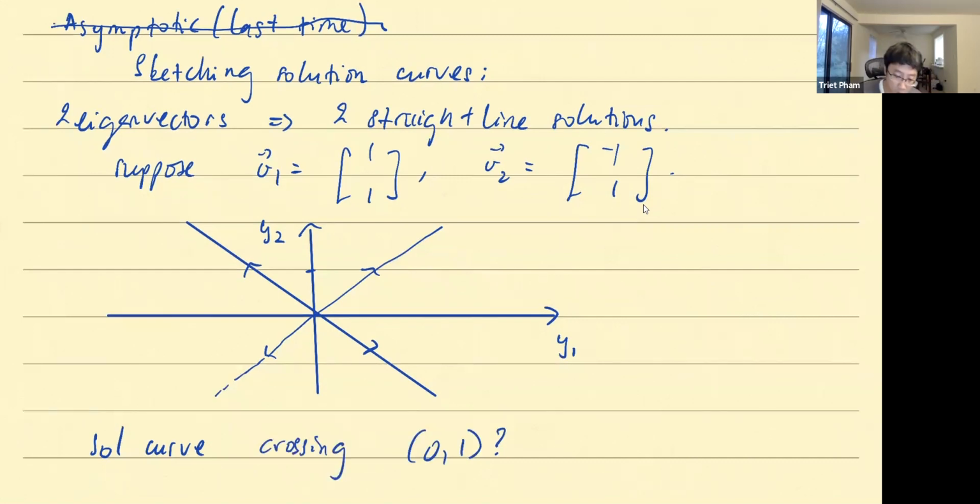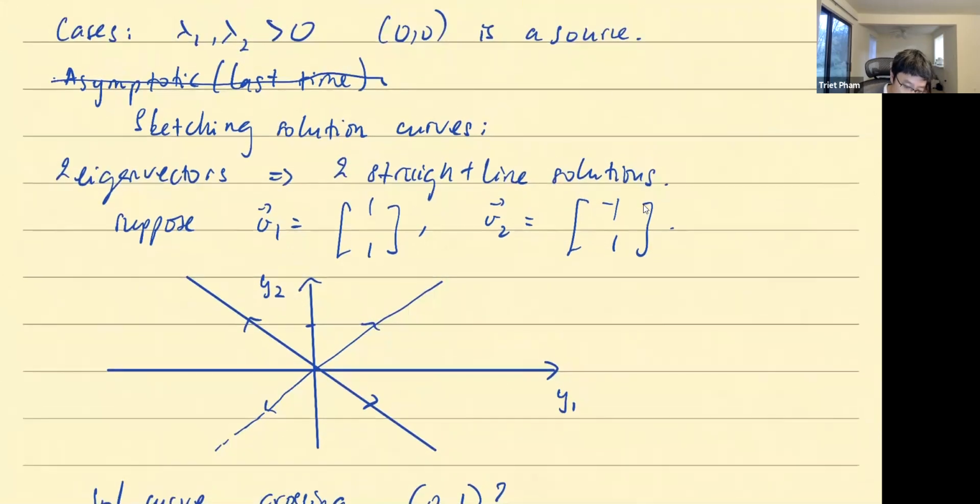In other words, we want a solution curve that goes through this point. Ignore that, that's not really a curve, but the solution curve must cross through this point. How do we sketch such a curve? Remember that the solution curve will diverge. It will go away to infinity. But how would we do it?